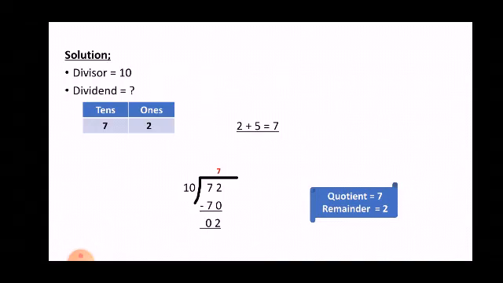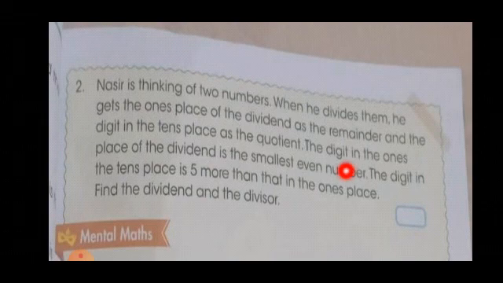So this question fulfills the condition, and we found the exact numbers. In the given block you have to write the dividend and the divisor. So the dividend is 72 and the divisor is 10.